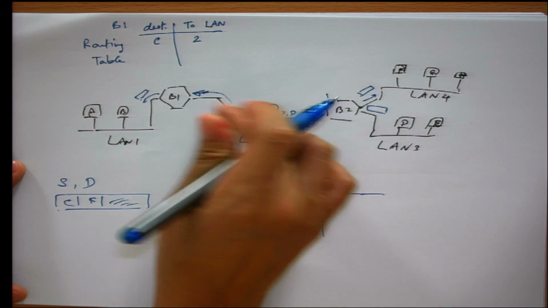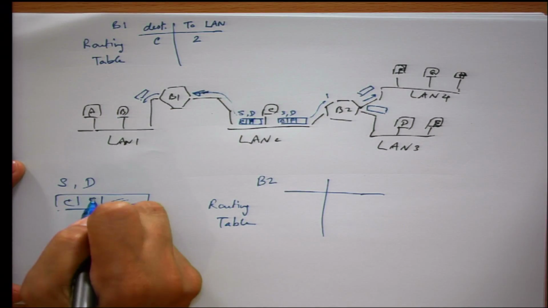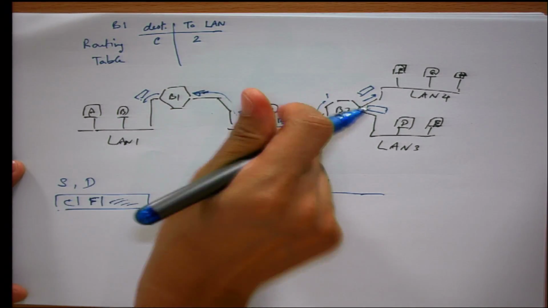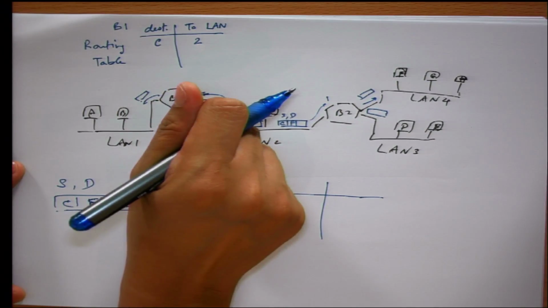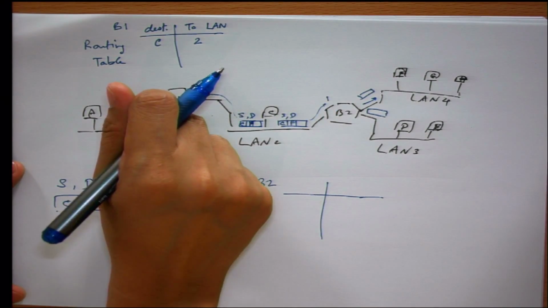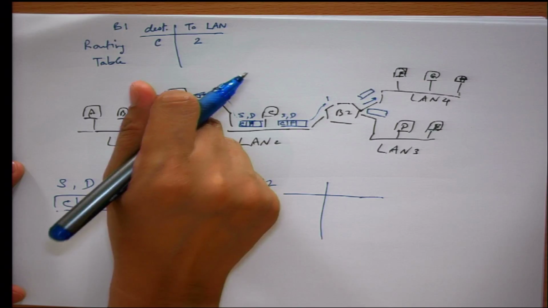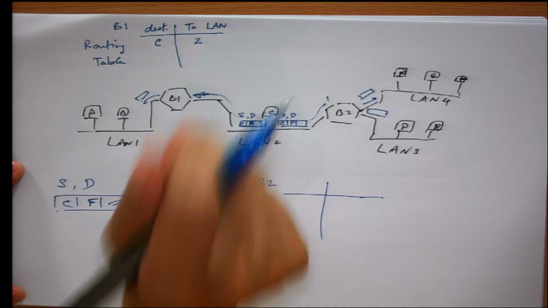Because you received a frame that has C as a source coming from LAN 2, it means that if you want to send a frame to station C, you have to go out to LAN 2 too.